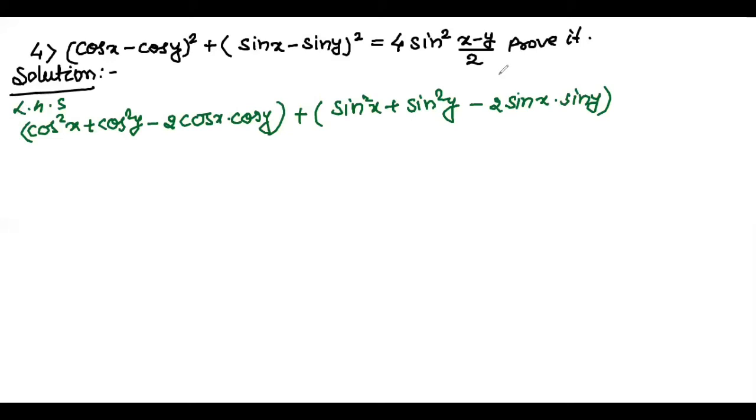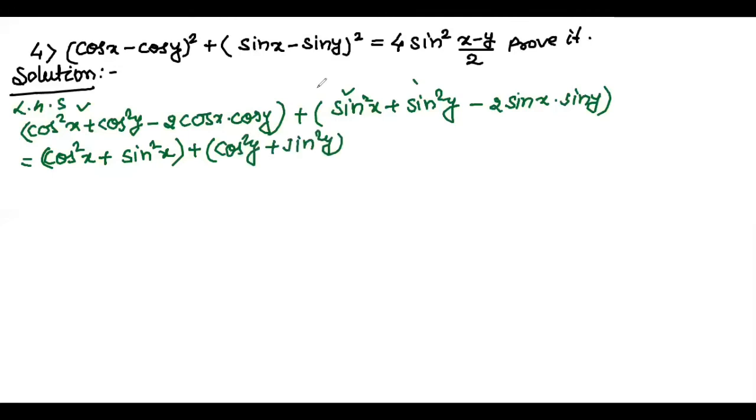Then we can group the terms: cos square x plus sine square x, cos square y plus sine square y, so that we can apply the trigonometric identity cos square x plus sine square x equals 1. And from the remaining terms I can take minus 2 common, leaving cos x cos y plus sin x sin y.